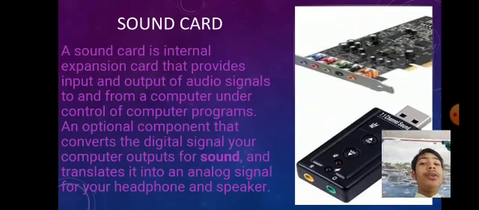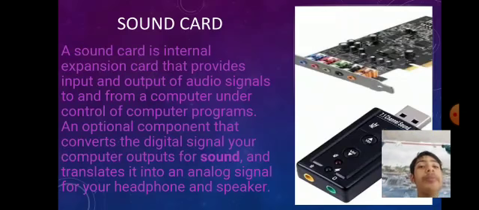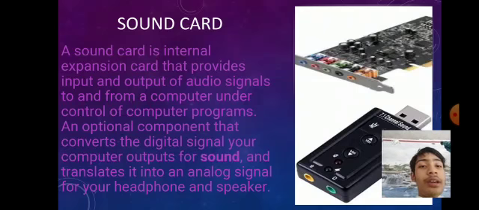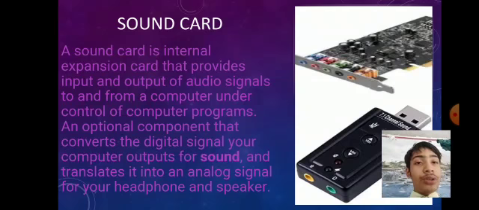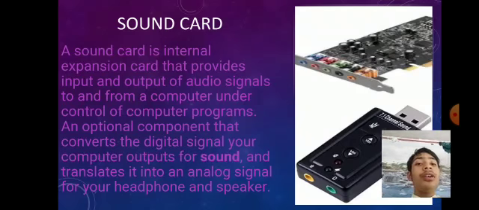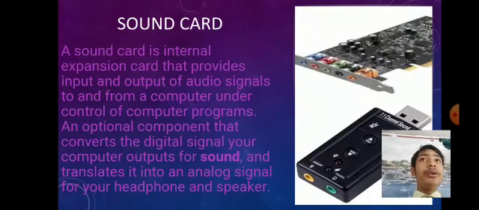Just like the video card, it is an internal expansion card which is also inserted in the motherboard, and it is used to give the computer audio signals. They can be analog or digital, and it can convert analog into digital and digital into analog according to our comfort.